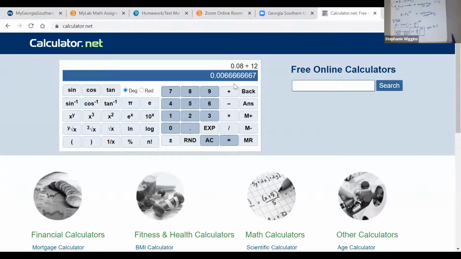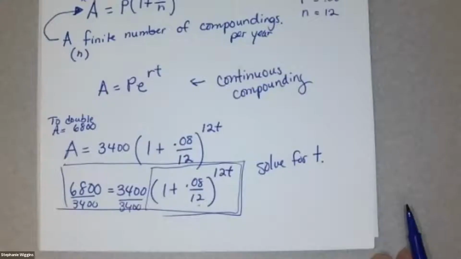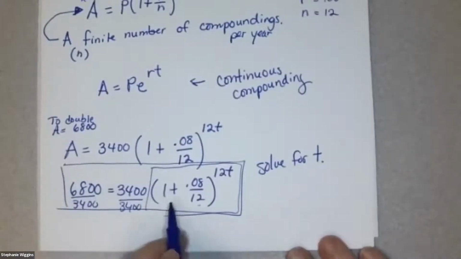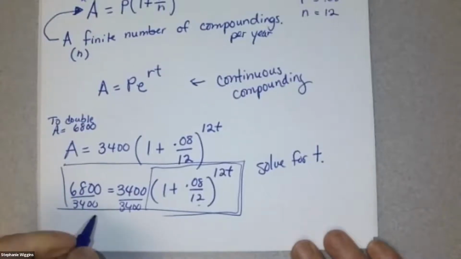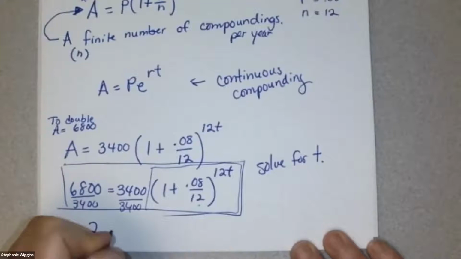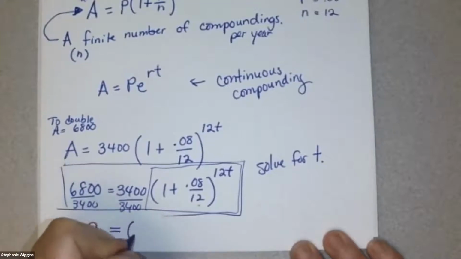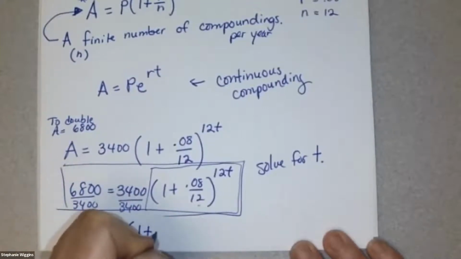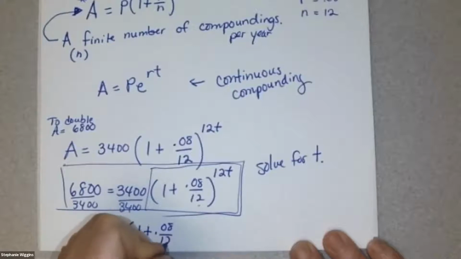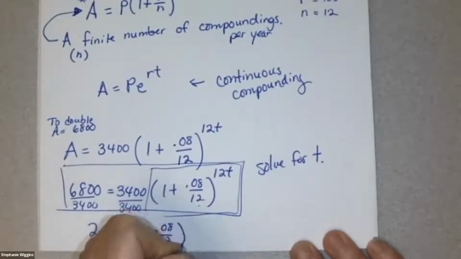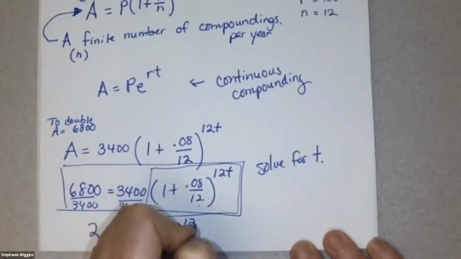And then we're adding 1 to that. I probably should just leave it in that format because I don't want to round it. Never mind. Sorry about that. Okay, so I'm just going to leave it like this. But when I divide 6,800 by 3,400, obviously that's going to be 2 because we're doubling it. And then this is going to be 1 plus 0.08 over 12. I'm going to calculate that at the very end, to the 12t.